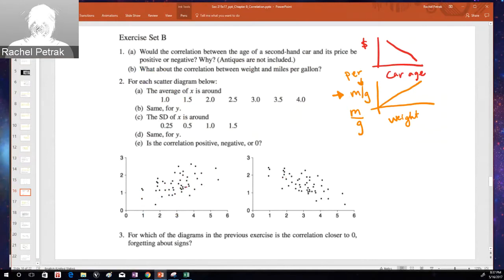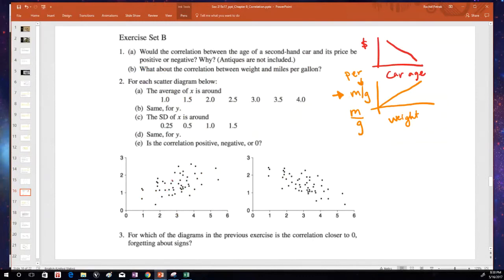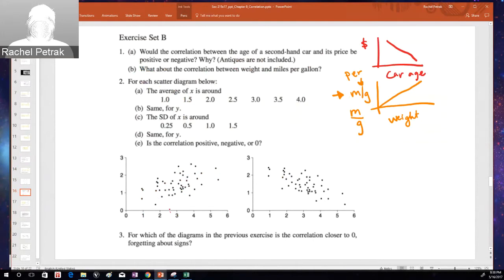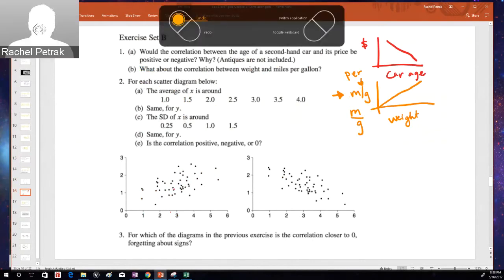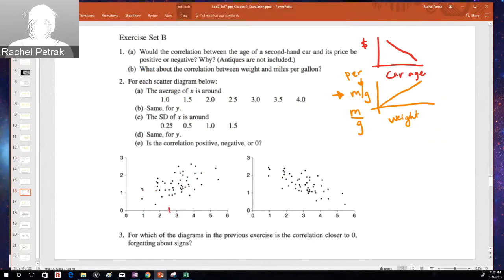So that's why it's fair to assume that these are normally distributed, which means the mean will be the score in the middle. And yes, thank you, Stephanie, it would be 2.5, because these are outliers. So our x average is going to be around 2.5.